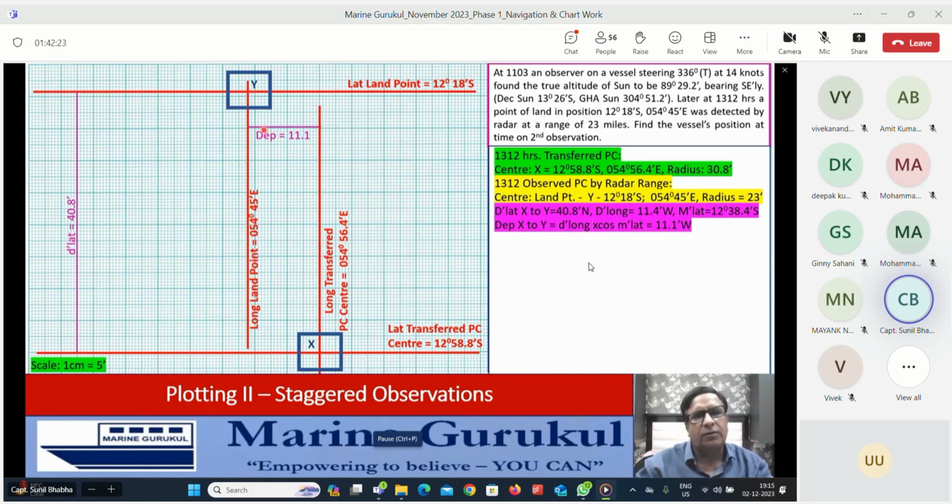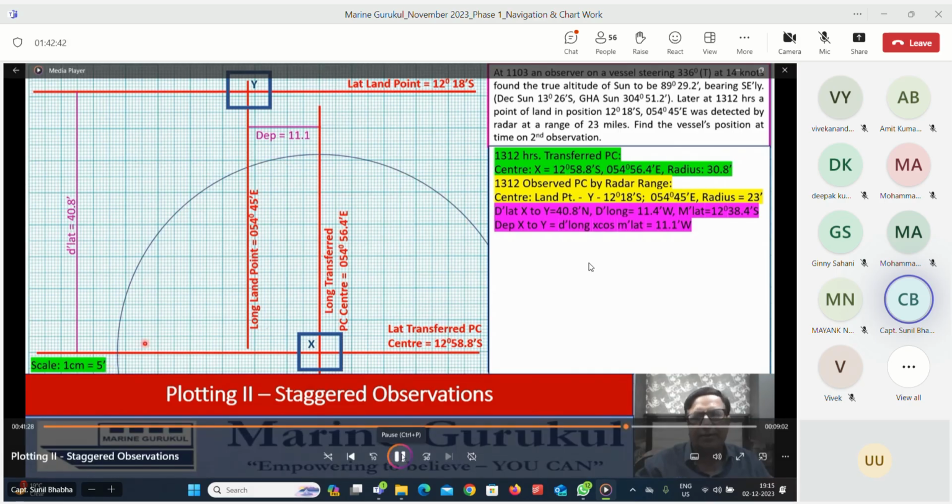So what we have done, we have plotted points X and Y. Now with point X as center and radius of 30.8 miles, using the scale of 1 centimeter equal to 5 miles, we draw the transferred position circle, and this is the transferred position circle which has come on the screen. So now, beta, the transferred position circle is plotted, which was a high altitude observation that we have plotted. Any doubts up to here?